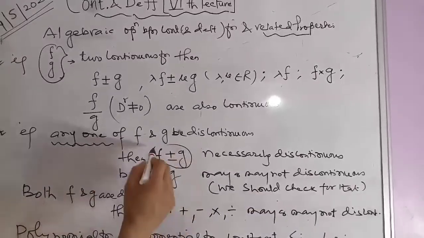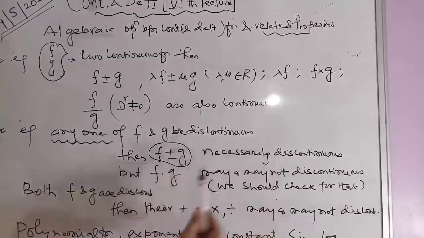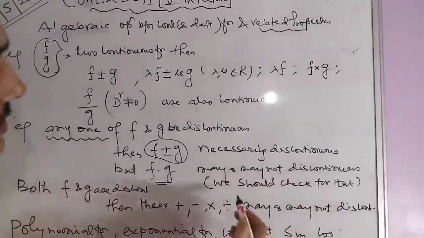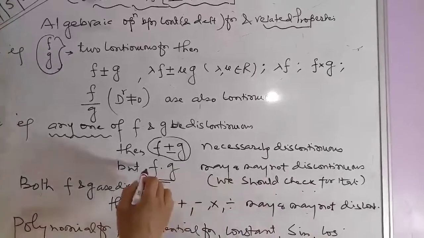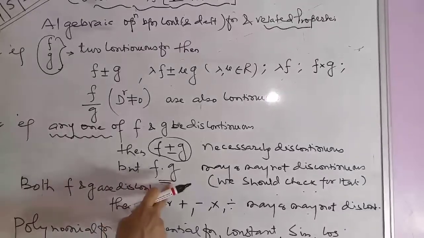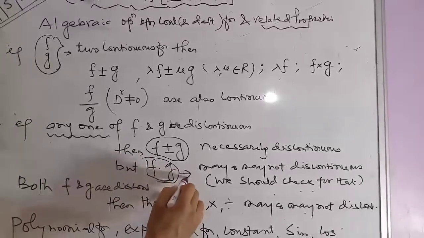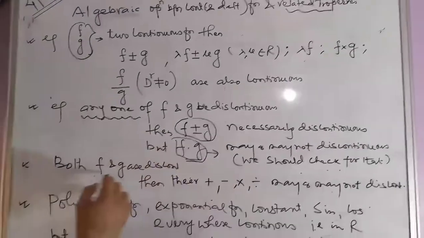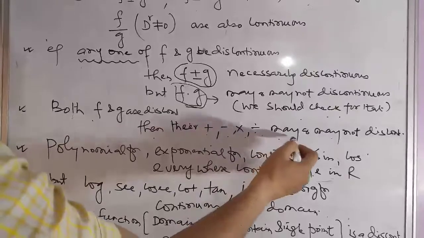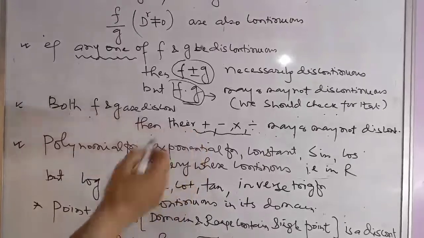But their multiplication and division may or may not be discontinuous, and we should check for that. We check analytically or graphically or by any method. If both f and g are discontinuous, then their addition, subtraction, multiplication and division may or may not be discontinuous. In all these cases, we have to check their continuity.